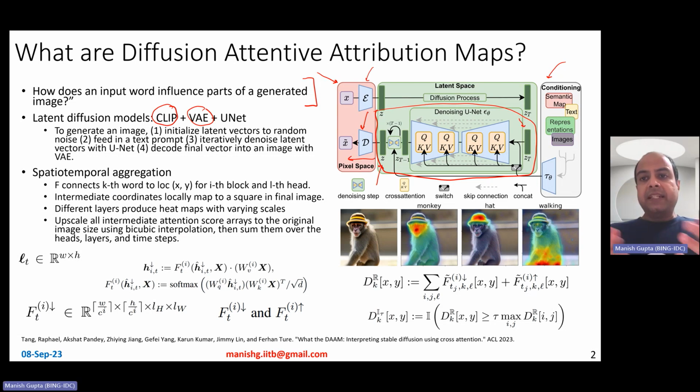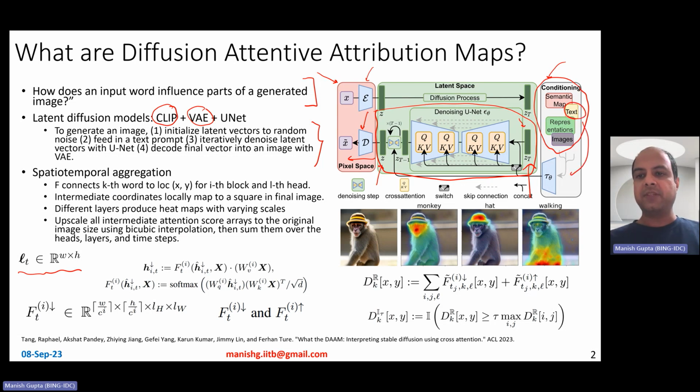Using latent diffusion models to generate an image basically contains the following steps. You first initialize the latent vectors to random noise. You start with random noise, which could be of width W and height H. Essentially that's L0, the latent vector at the 0th time point. Then you feed in a text prompt as well. Of course, these days you could condition on various kinds of things, but in this particular work they are looking at text.